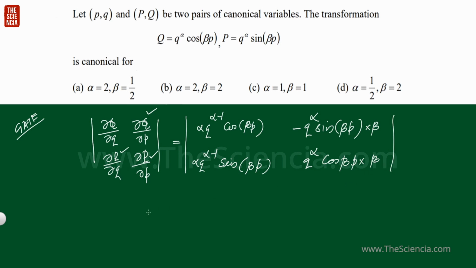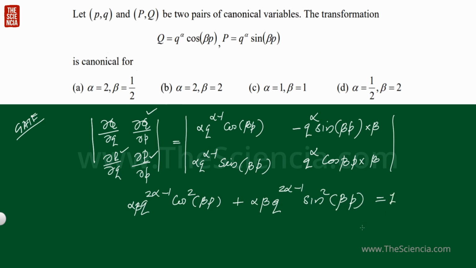So what we get is alpha beta q raised to 2 alpha minus 1 cos square beta p plus alpha beta q raised to 2 alpha minus 1 sin square beta p. For canonical, it should be equal to 1, right? This is a common term, so taking cos square beta p plus sin square beta p, we get 1.